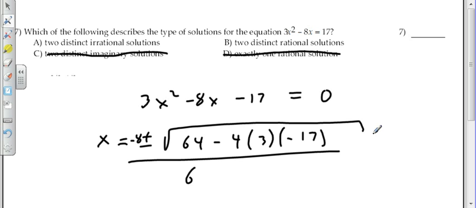That's the issue. So 64 plus 12 times 17 is 268. And I go second function, square root of 268, and I end up with an irrational number. So the square root of 268 would be irrational, so that would be A.